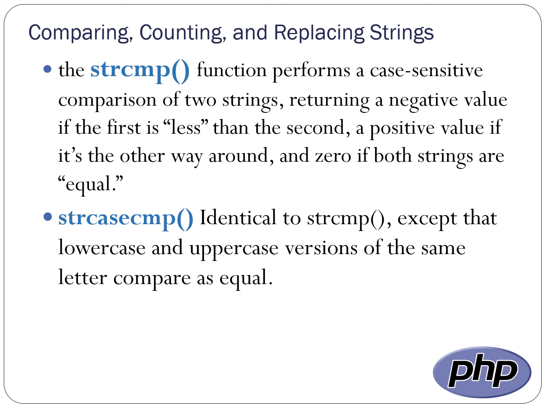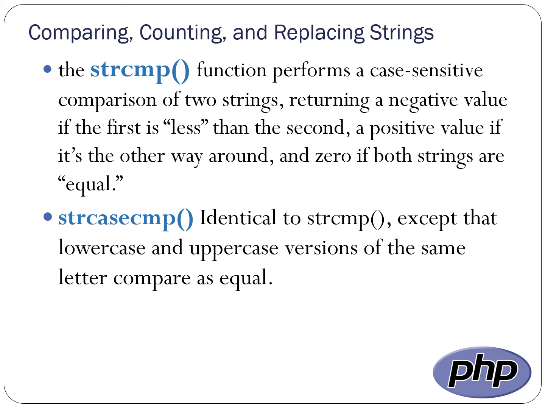Let us see how we can compare, count and replace strings in PHP. The strcmp function is used for string comparison. This function performs a case-sensitive comparison of two strings, returning a negative value if the first is less than the second, a positive value if it's the other way around, and 0 if both strings are equal.